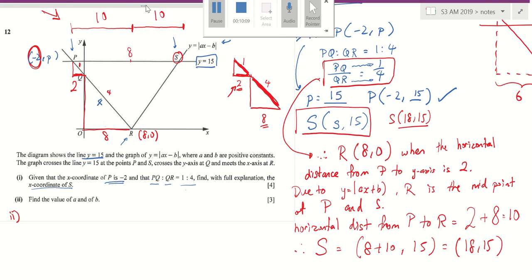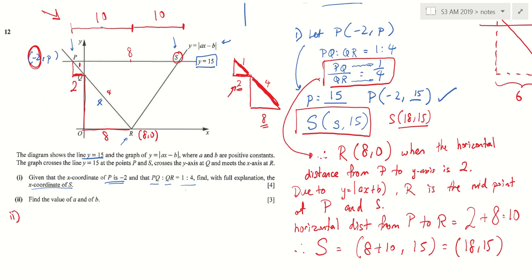But that one requires you to see a few things, because this line is actually split into two lines. y equals ax minus b is actually split into y equals ax minus b and y equals minus ax minus b, right? Remember? Once you split into two, you sub one into the correct one, you will straight away get the correct equation.